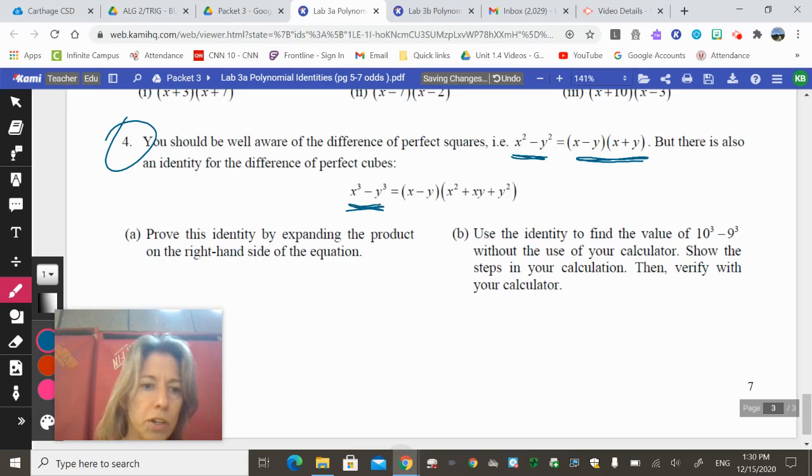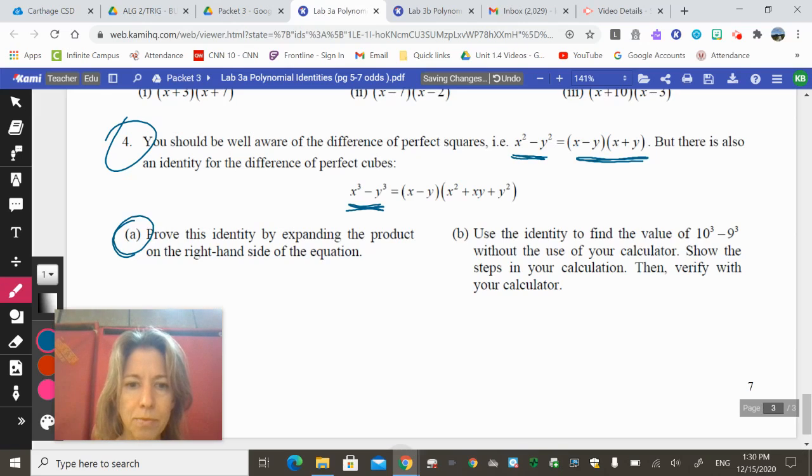So in part A, you just do the math and keep going until the 2 sides of the equation are identical. It tells you to expand the product on the right-hand side. What that means is you're just going to distribute on the right-hand side and combine like terms, and you should get the left side.